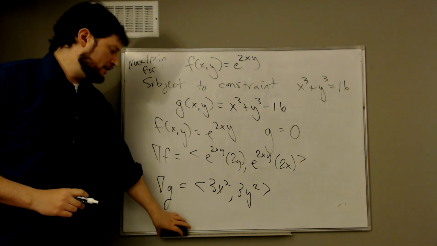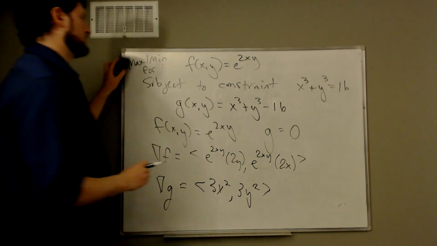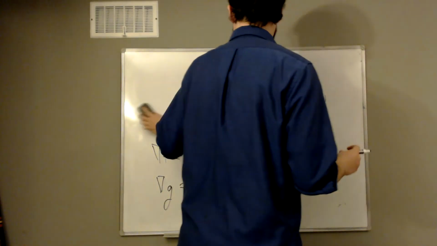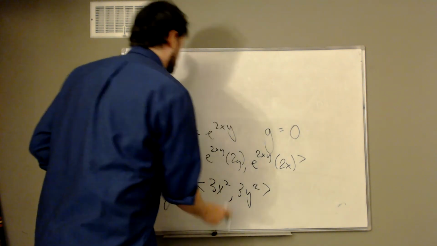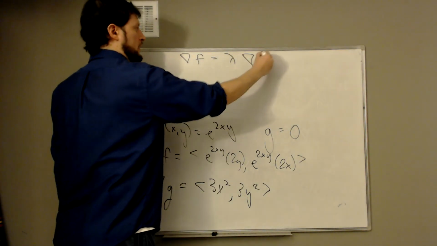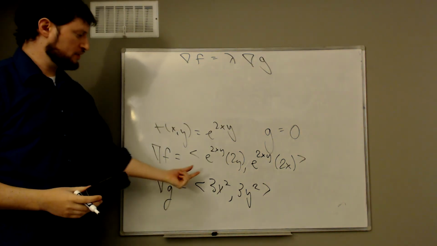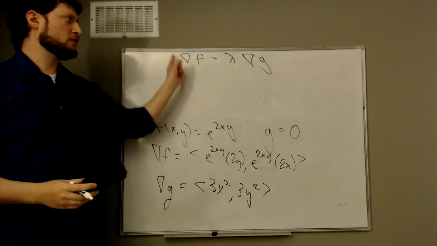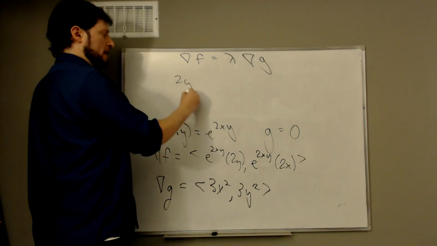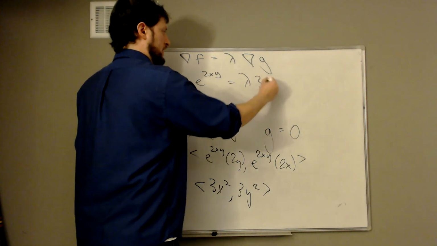Lagrange multipliers says grad f equals lambda grad g. So when is that going to happen? Well, that's only going to happen if each of these components match. This is really just a shorthand notation for saying 2y e to the 2xy is lambda times 3x squared.